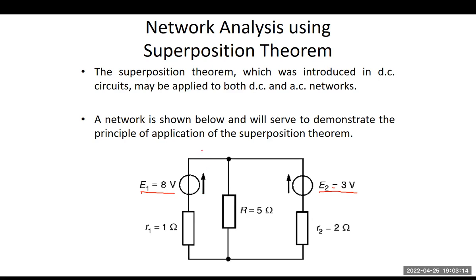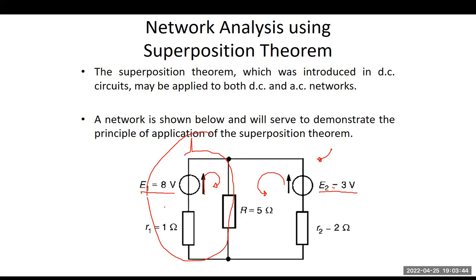For this portion of the circuit, the current flow is assumed to be in a clockwise direction, while on this other part of the circuit, the direction of the current flow is anti-clockwise.